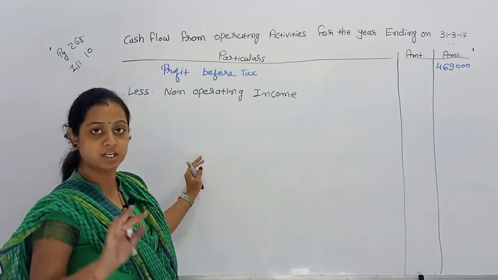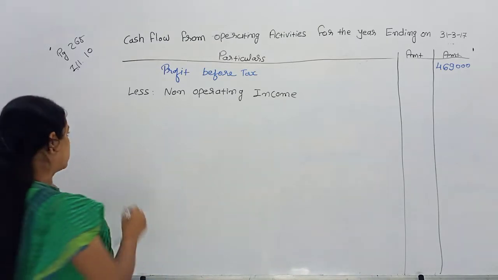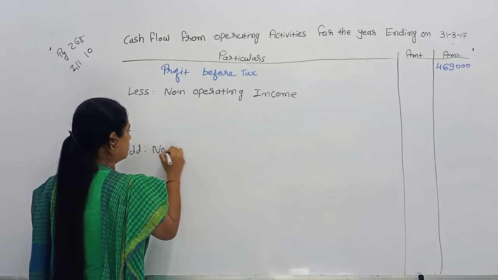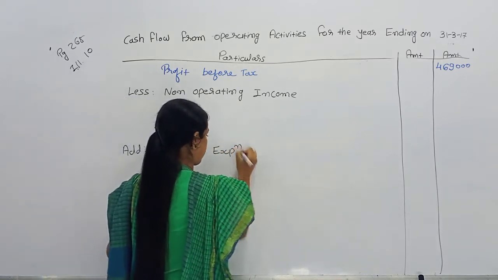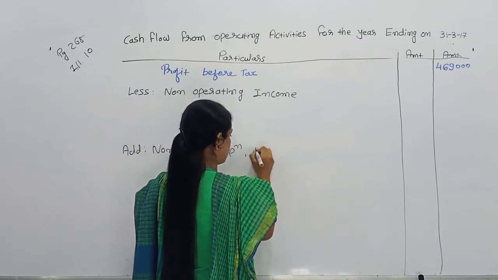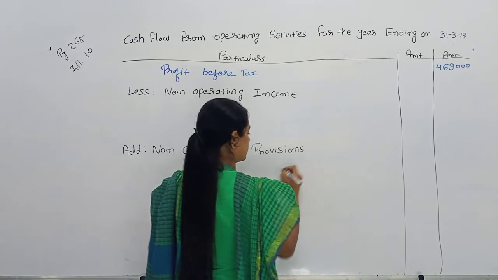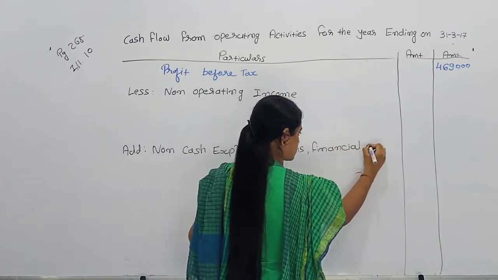Here I can draw, but in your file book you cannot draw. Less. Then from that we have to add non-cash expense, provisions, and financial expense.